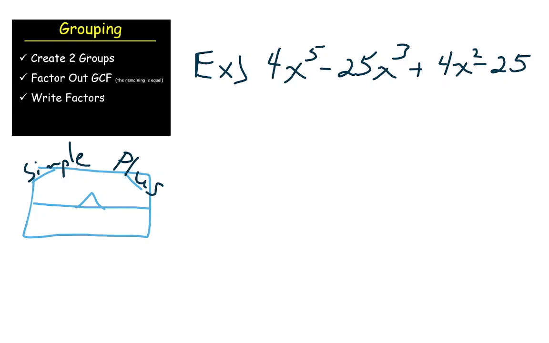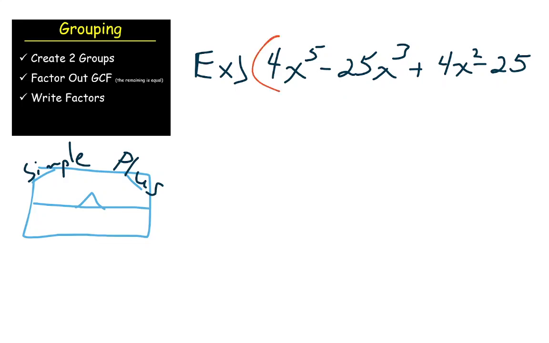Now, if I hadn't said that to you, what do you think here? First of all, we've got some big numbers. We have 4x to the fifth, minus 25x to the third, 4x squared minus 25. But first, do you realize that we have 4 terms? That's usually the giveaway that you're going to want to use factoring by grouping.